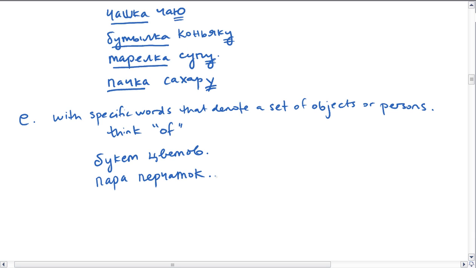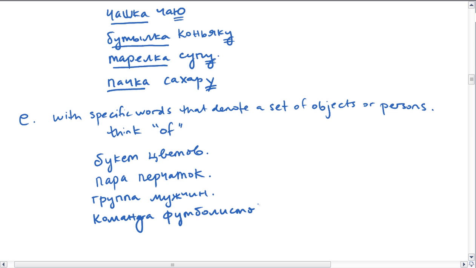So it's the same in English. Whenever we have these set words, bouquet, pair, группа мужчин, a group of men, and after the word for team, команда футболистов, a team of footballers, meaning soccer players. Okay, so as you can see, we use the genitive case frequently when we're talking about quantity or measurements.